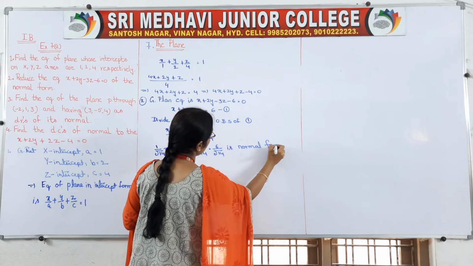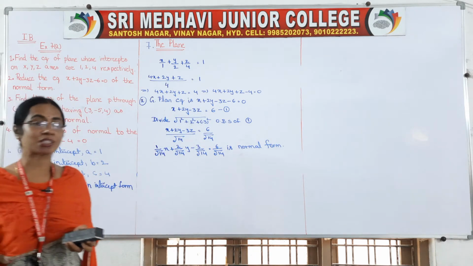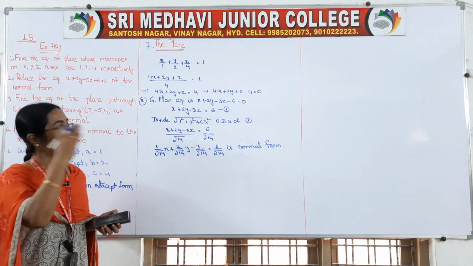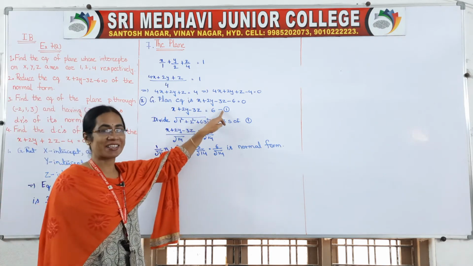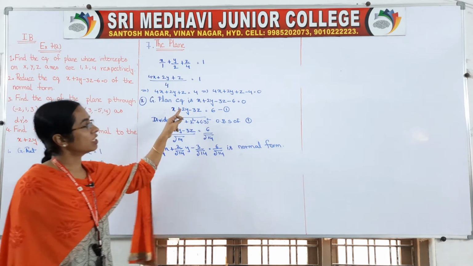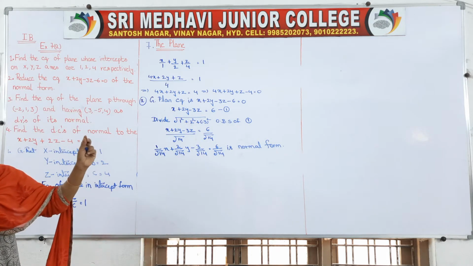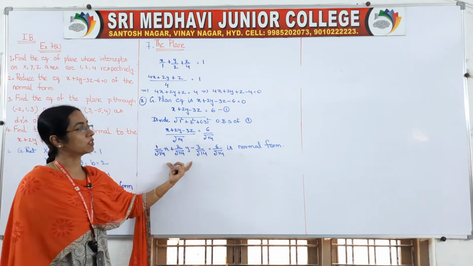So we have to convert the general plane equation into normal form. The general plane equation is always in the form ax plus by plus cz is equal to d. Normal form means this procedure.